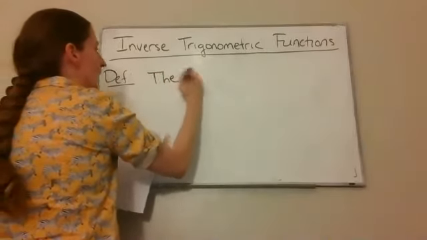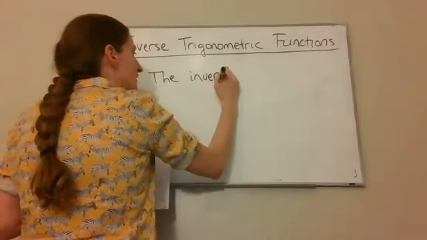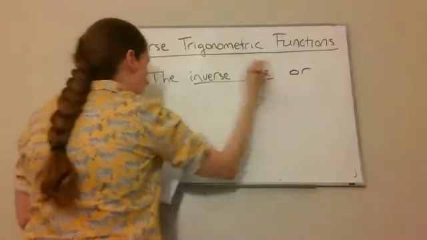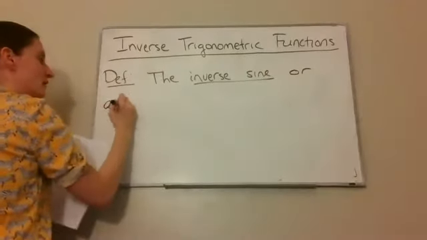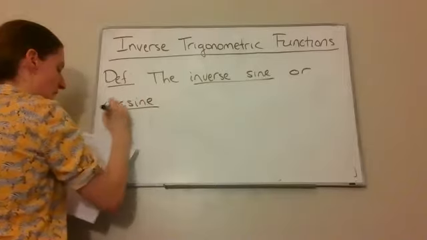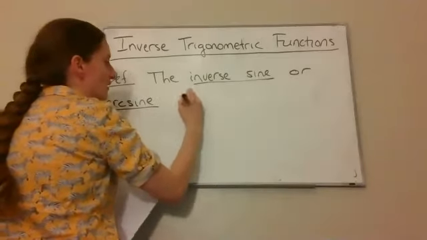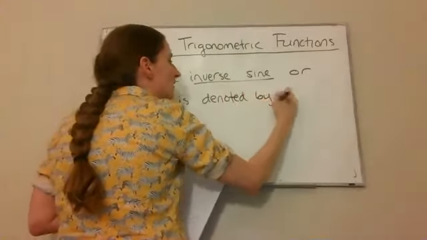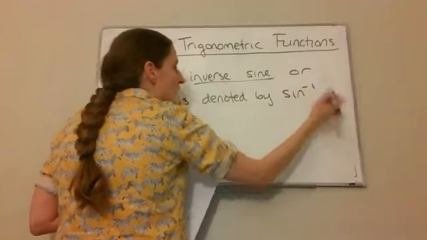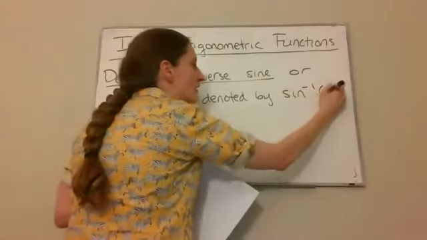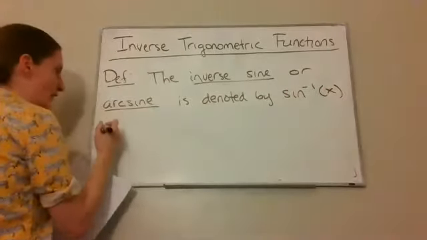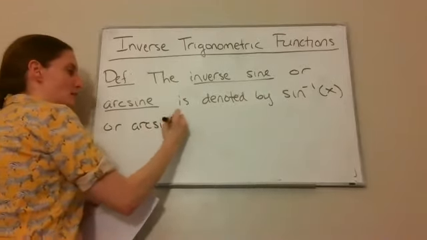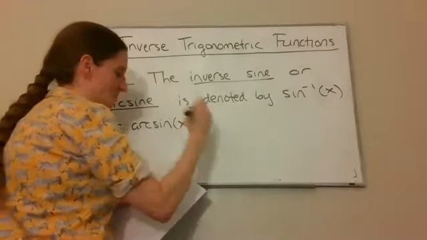So the inverse sine or arcsine is denoted by sine with a little -1 of x, that's sine inverse of x, or arcsine of x.